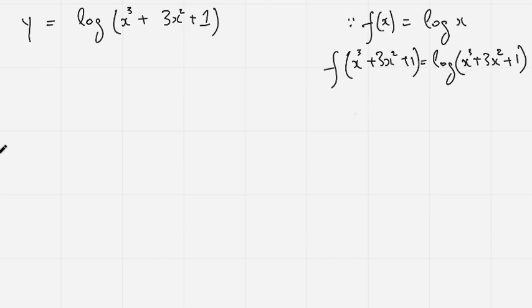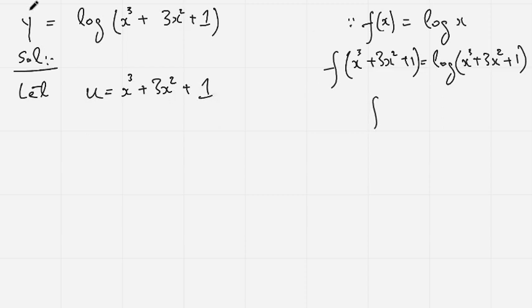So you see, if I just assume that u is equal to x cubed plus 3x squared plus 1, then my function is f of u equals log of u. So it is actually f of u of x, basically.